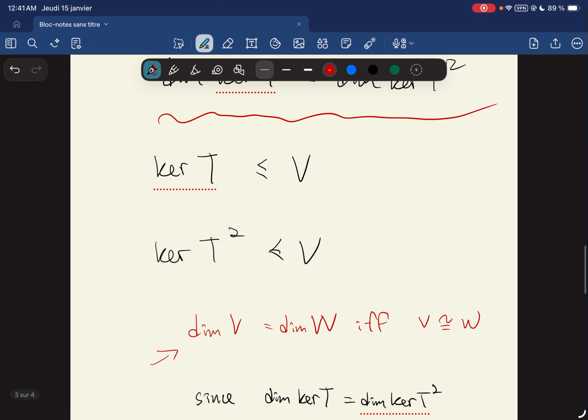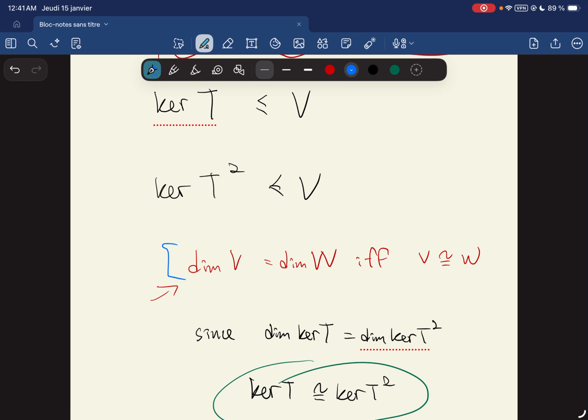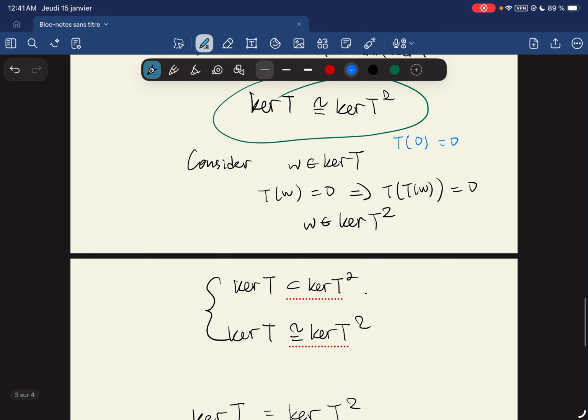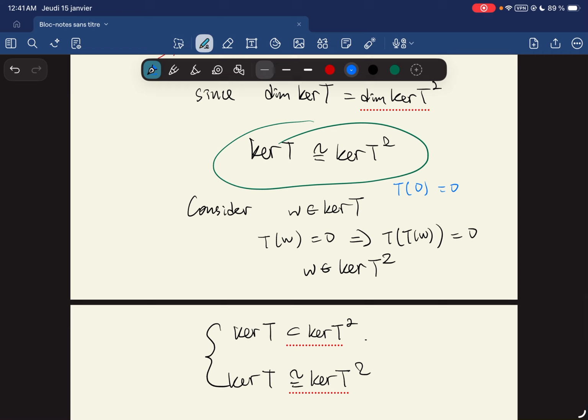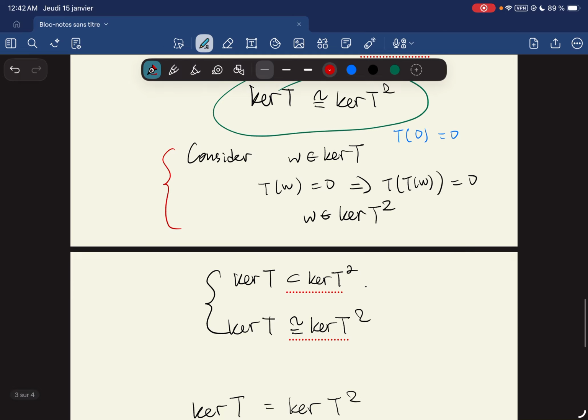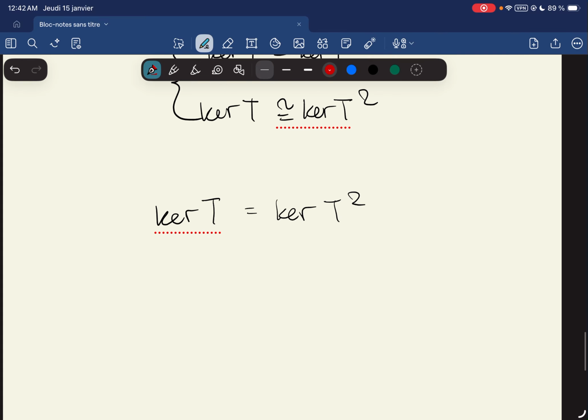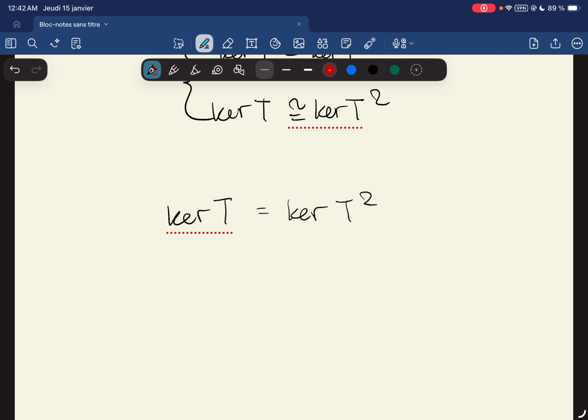Then, using this dimensionality, we conclude that the kernel of T is isomorphic to the kernel of T squared. And by the fact, a little unobvious or obvious, depending on how you see it, that the kernel of T is a subset of the kernel of T squared, we come to this fact.